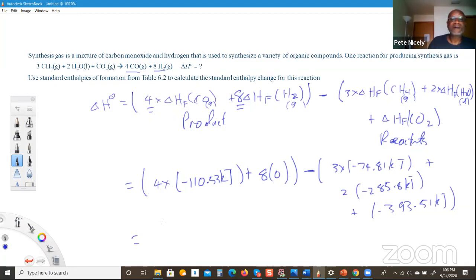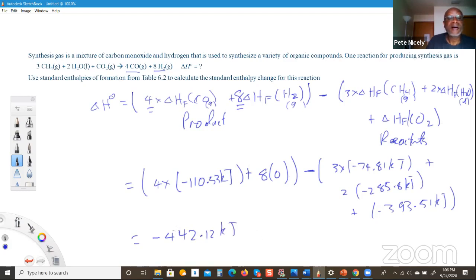Let me take care of the product side first. That would be minus 110.53 times 4. According to my calculation, this part would be equal to minus 442.12 kilojoules.